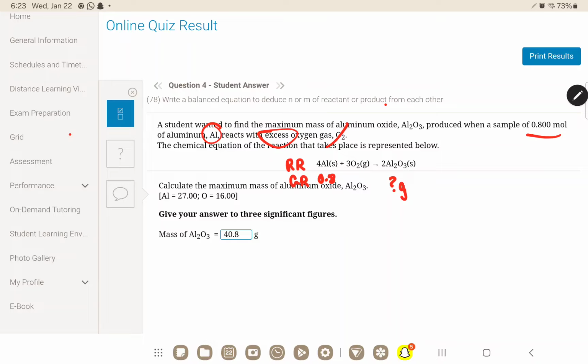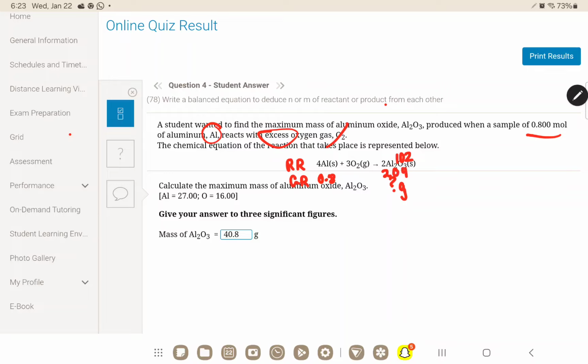So you do 2 times the molar mass of Al2O3, which is 27 times 2 plus 48, which is 16 times 3. I'm doing it on my calculator for anyone wondering. 27 times 2 plus 48, so you get 102, but since it's multiplied by 2, it's 204.